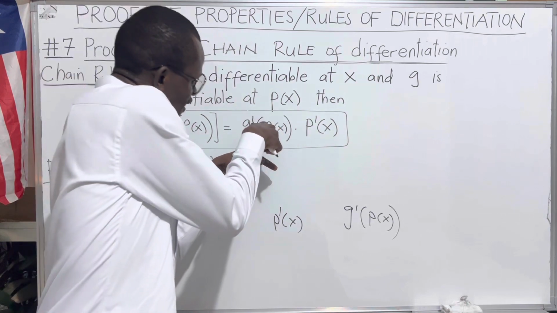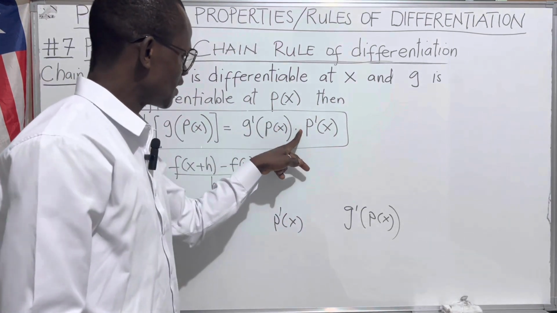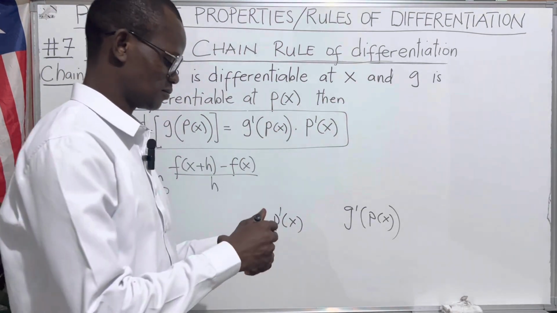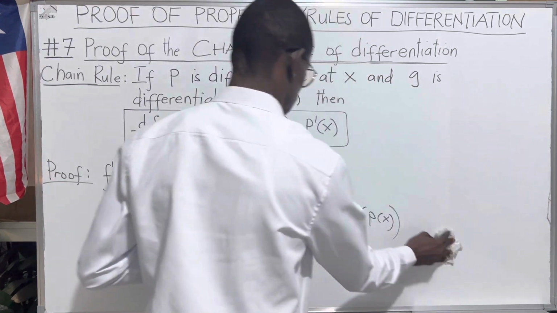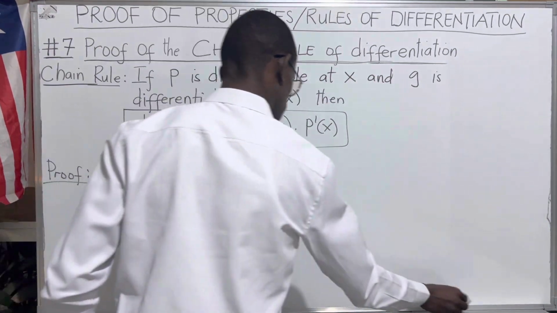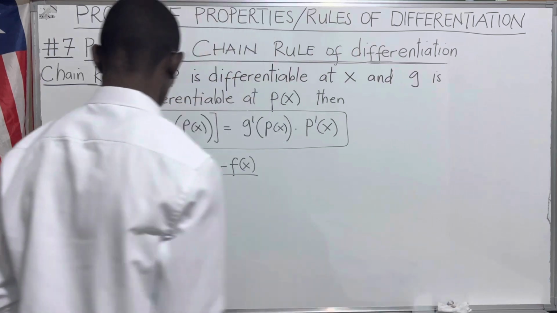Then we differentiate inside, thereby saying p prime of x. That's all about the chain rule. That's all. Very, very easy, the chain rule.